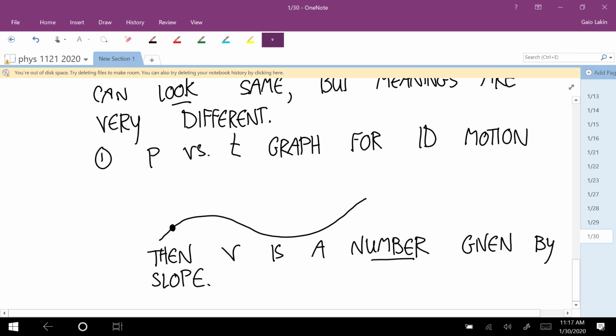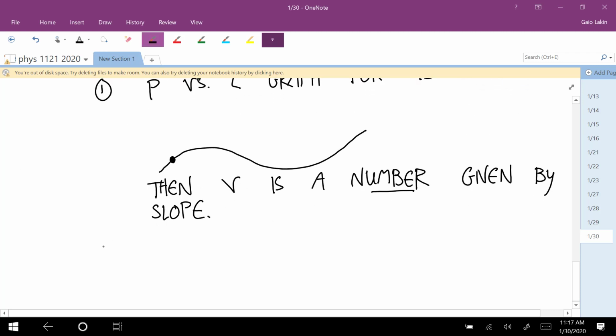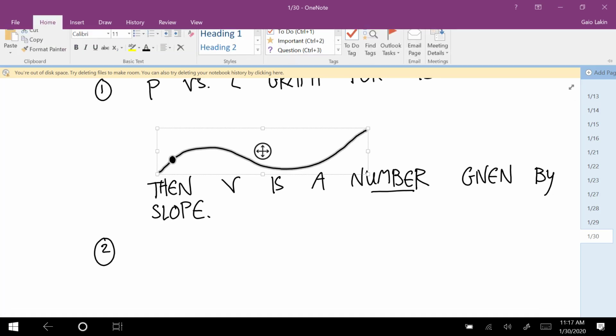Okay, but now just to make this point, I'm going to use this same thing I just drew.